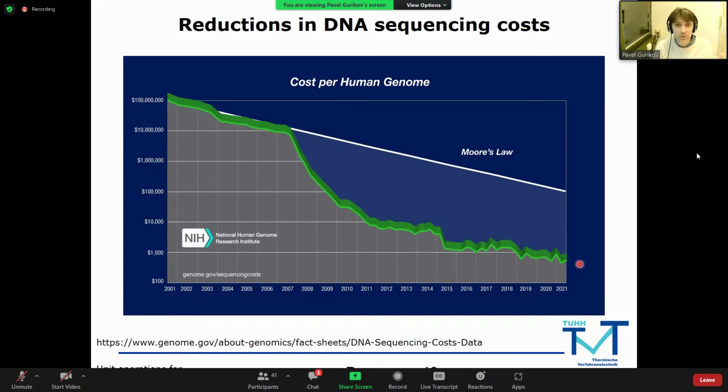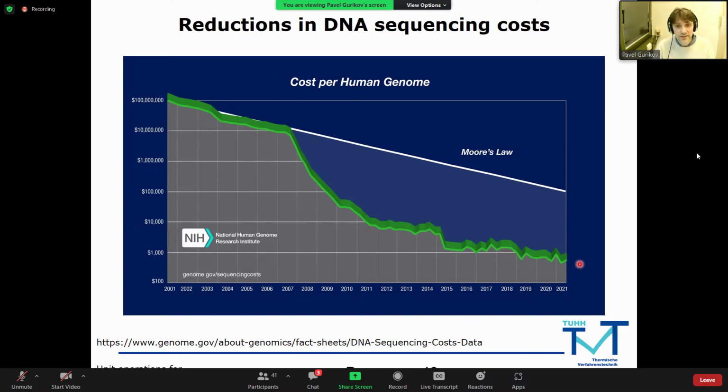So we have basically a sequence of 4 letters, but we have to select genes, we have to be able to identify genes, and we have to understand what these genes do in our body, and that is what is still missing.